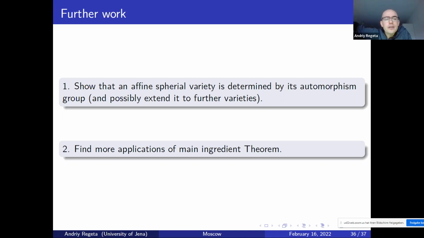So from this main ingredient theorem, we know now that if such an automorphism group exists, which is infinite dimensional and contains no copies of GA and GM, then this automorphism group cannot contain any uncountable commutative subgroup if we work over C. Because once it contains uncountable commutative subgroups, it immediately contains a copy of GA or GM.